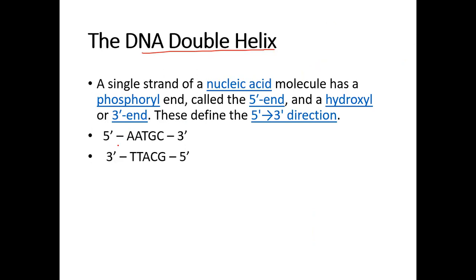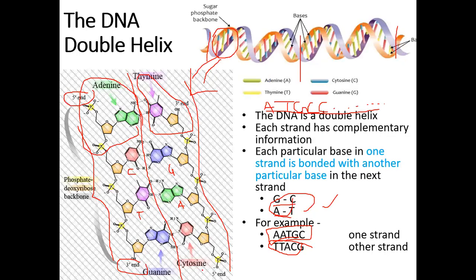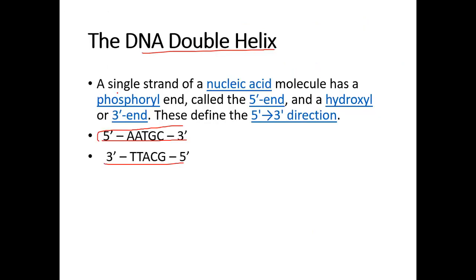So when you are writing the complementary strand or the other strand of a given gene, it's always opposite. If you look at this, 3' and 5' end, 5' and 3' end. A with T, A with T, T with A, G with C, G with C, and C with G.